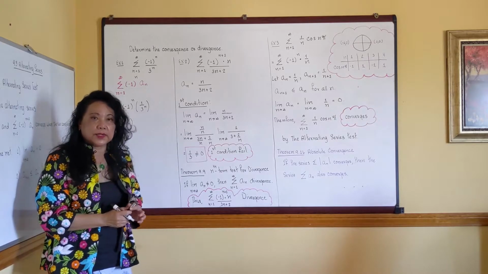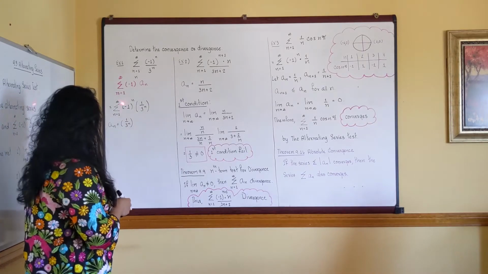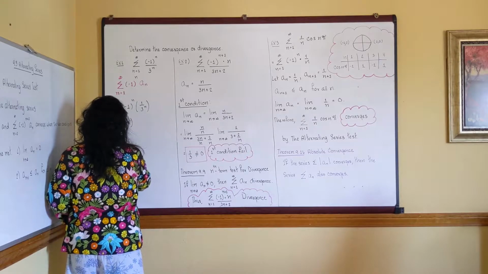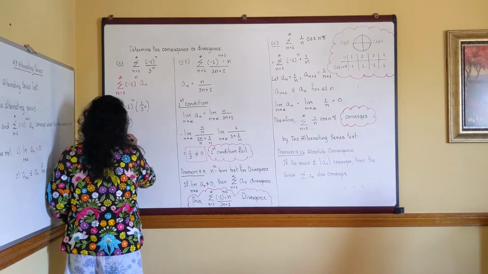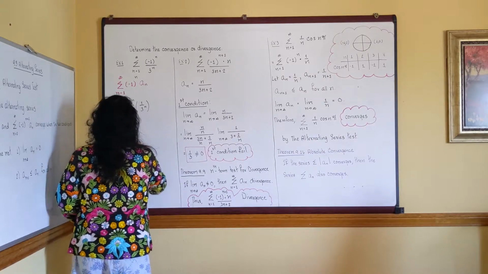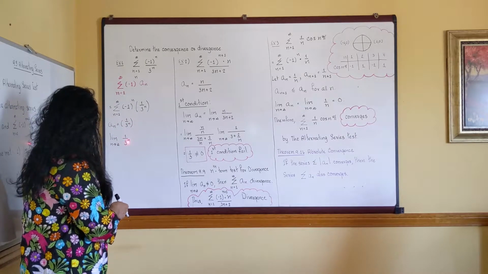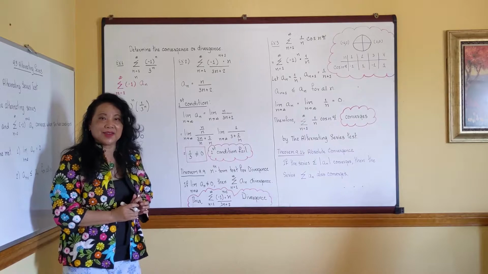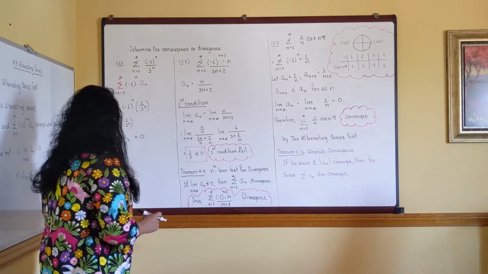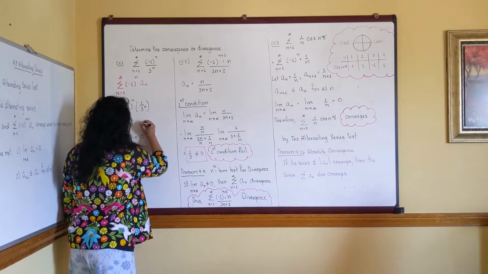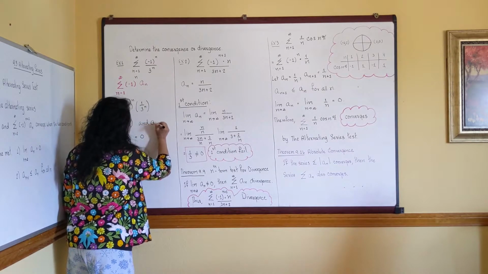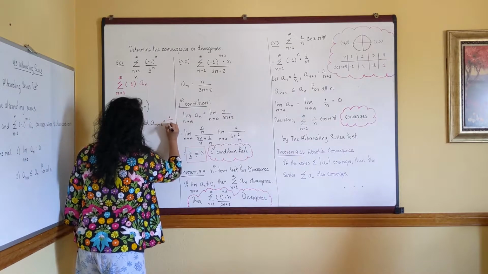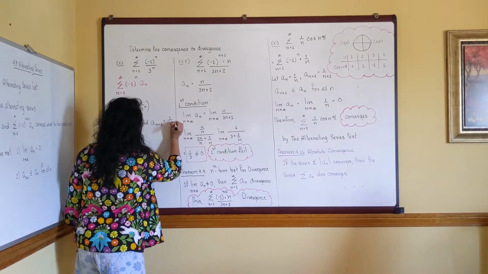I'm going to test the first condition, which means I take the limit as n goes to infinity of 1 over 3 to the n, which is my a sub n. As n goes to infinity, you will see this equals 0. So the first condition is satisfied. Now I check the second condition. I have to find a sub n plus 1, which is 1 over 3 to the n plus 1.